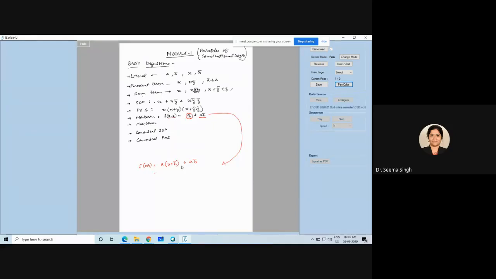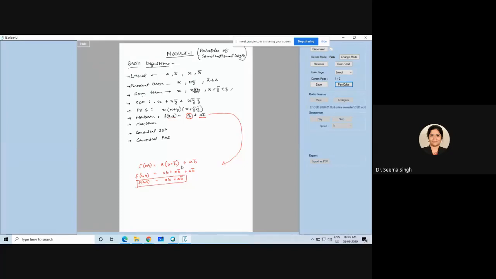Now when I open the bracket, it becomes AB plus AB bar and AB bar again. So now you can see I have 2 times AB bar, and as per Boolean algebra, x plus x remains x, y plus y remains y. So this reduces to AB plus AB bar. Now I can say that this expression is in minterm form.